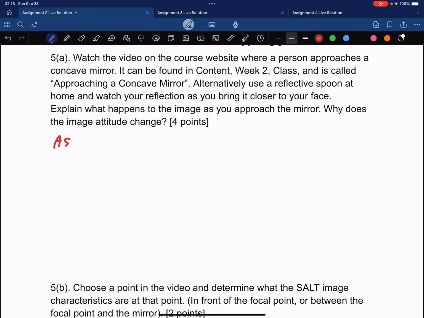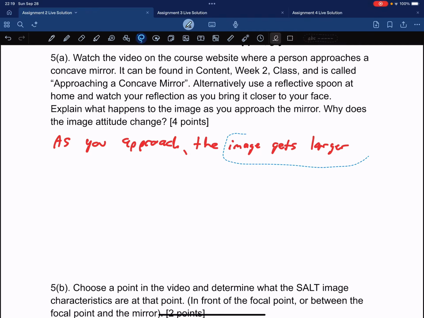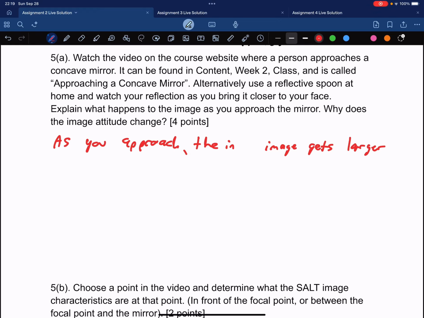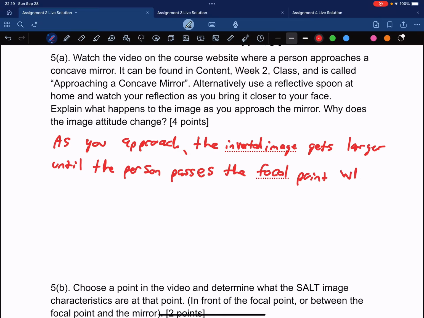So as you approach, the inverted image gets larger until the person passes the focal point, where the image flips and is now upright.